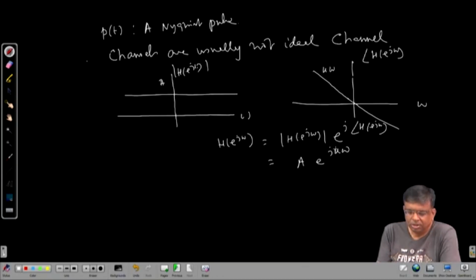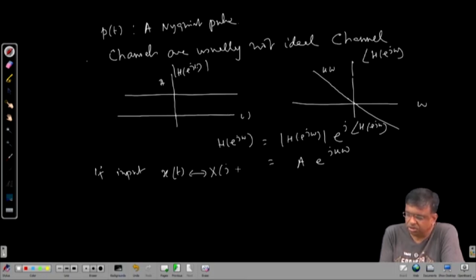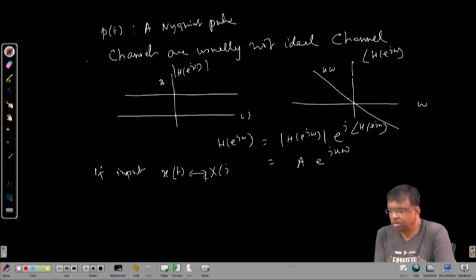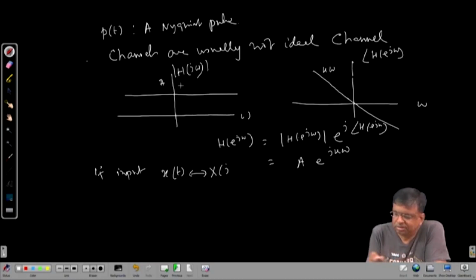So, if the input is some x(t), they are all analog signals now, which has Fourier transform X(j omega), I have changed the notation, but this is more used in DSP.